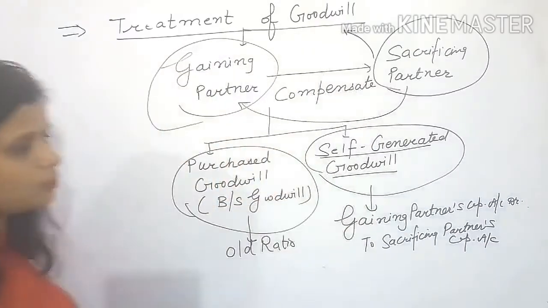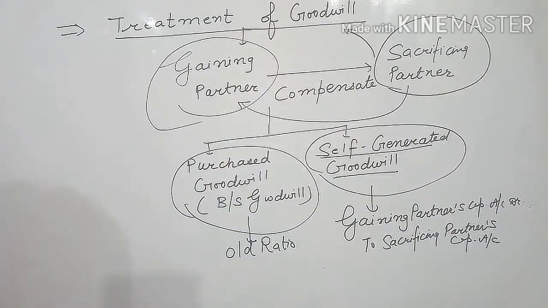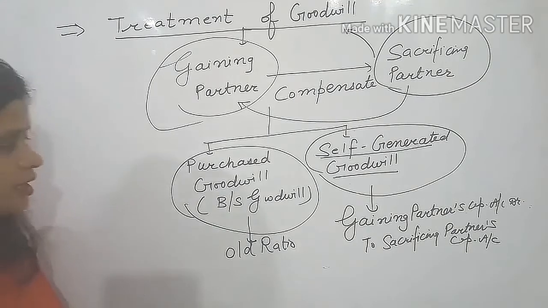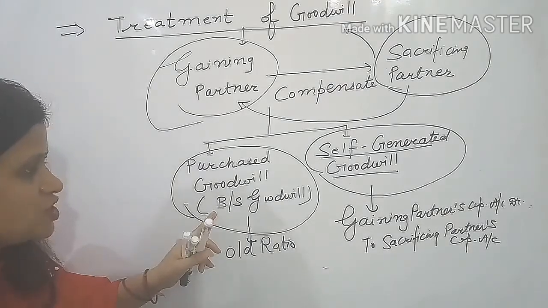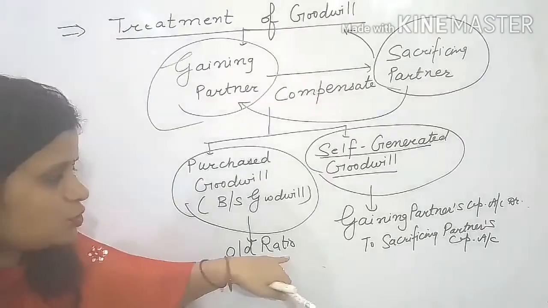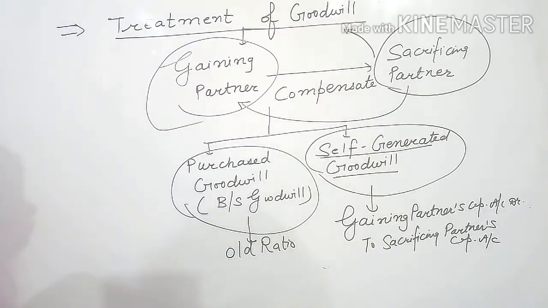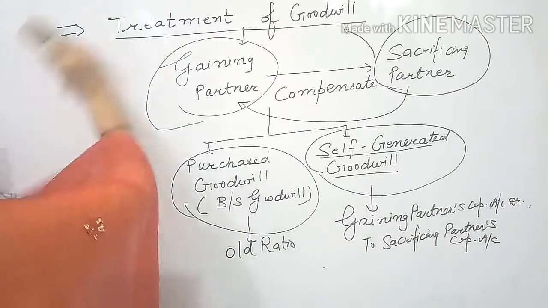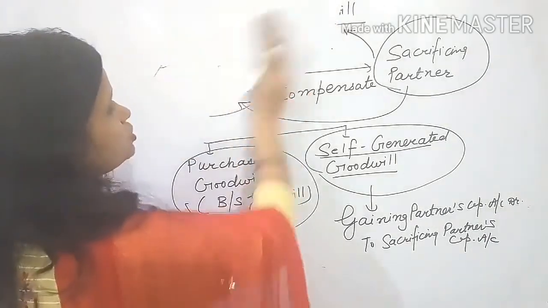I am repeating both the points again. Two types of goodwill may be there in question. One is your purchased goodwill, which is being shown in the balance sheet. That you will distribute in the old ratio. And the entry for distribution, I am telling you. What will be the entry for the distribution?